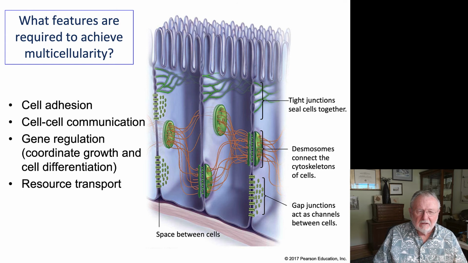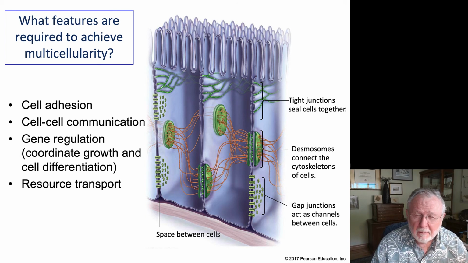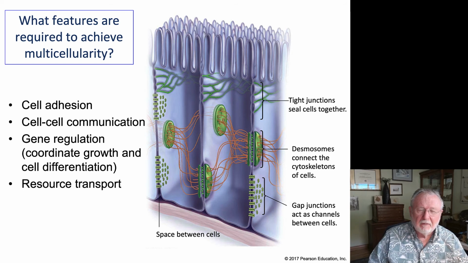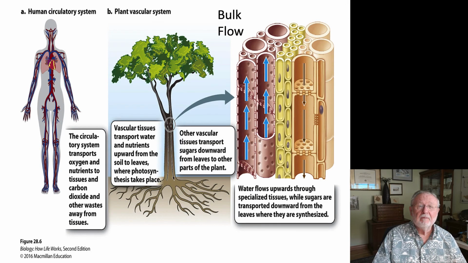You need some way of gene regulation to coordinate growth and differentiation. Not every cell can become a brain cell or a liver cell or a muscle cell. So how is that differentiation controlled? And of course, you then need a transport system to bring resources to different parts of this complex multicellular organism.